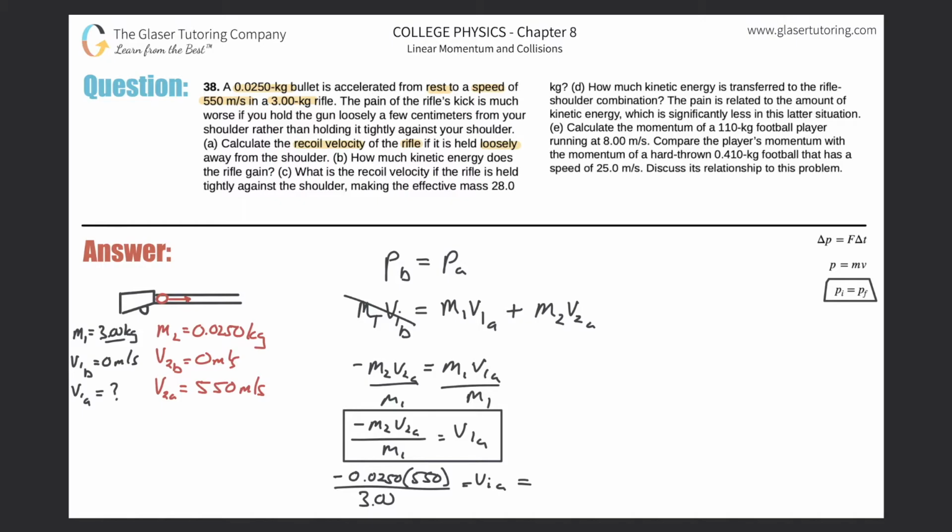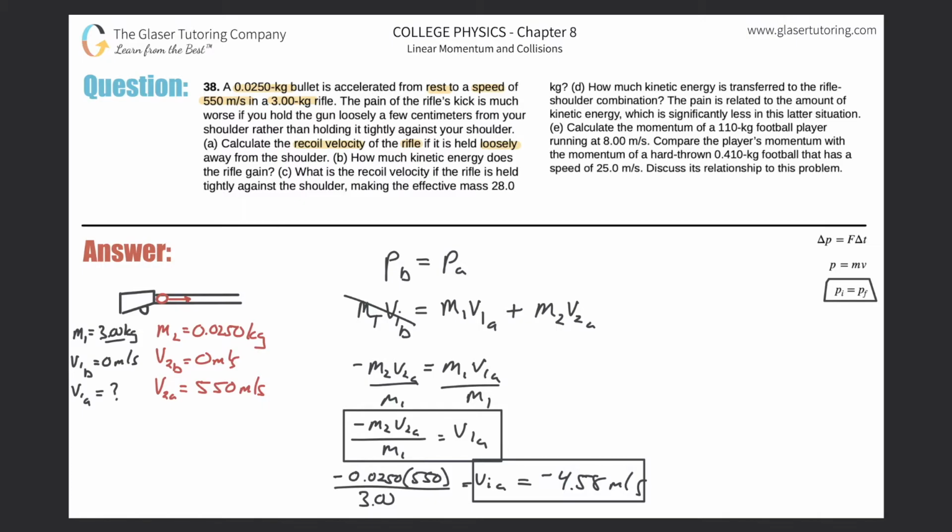And there we go. We get a recoil velocity of about negative 4.58 meters per second. That is the recoil velocity of the gun. And why is it negative? Well, we talked about that before. If the bullet's going to move to the right, the gun should be moving to the left, given how I framed the problem. So the way I framed this, the answer should be negative.